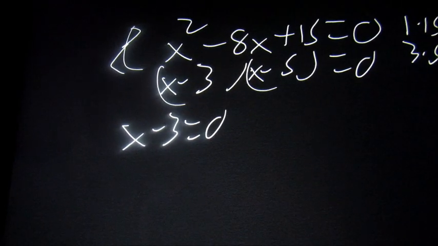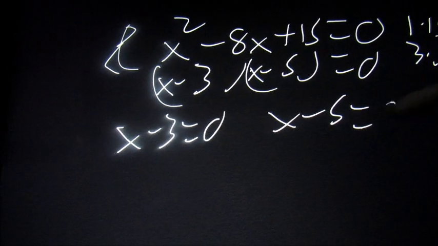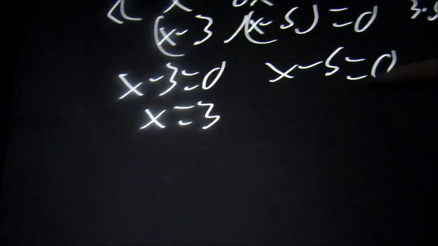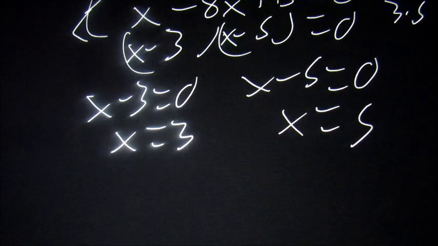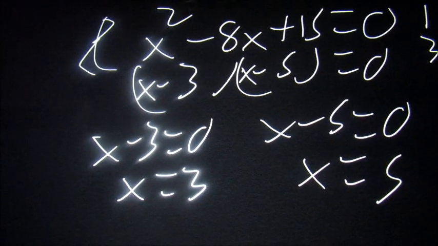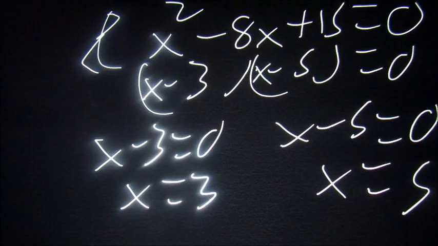To solve this, we're going to say x minus 3 equals 0 and x minus 5 equals 0. So solving for x, x equals 3 and x equals 5. If either of these is correct, then these are both our answers to this solution.